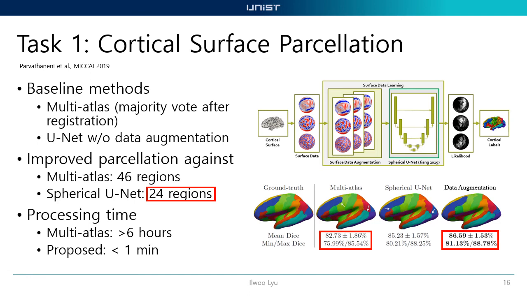So the data augmentation still improved the labeling performance, even with the same spherical U-Net architecture. Also, our method produces all the results within 1 minute. But if we look at the multi-atlas, the traditional method, then as expected, we have lots of registration processes for the majority votes, so this one is much slower than our method.